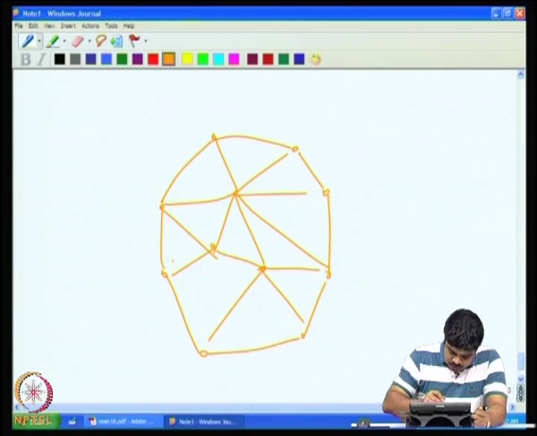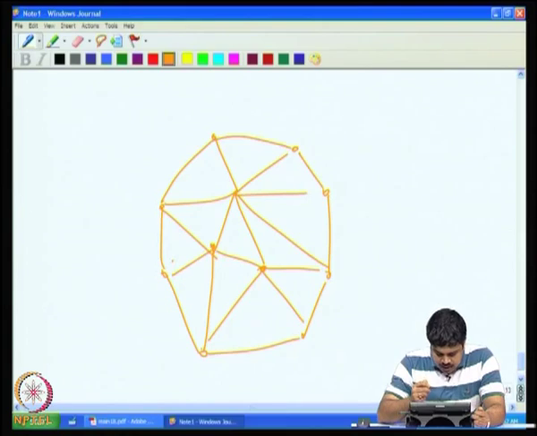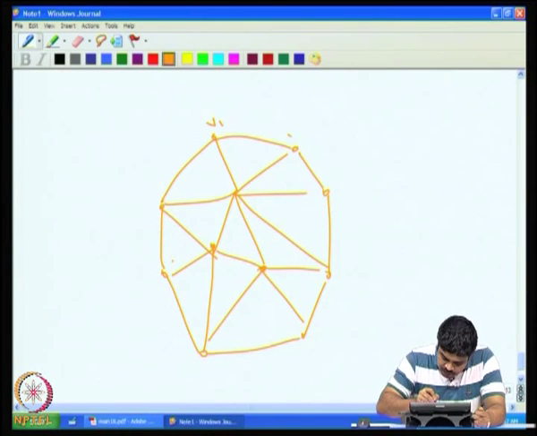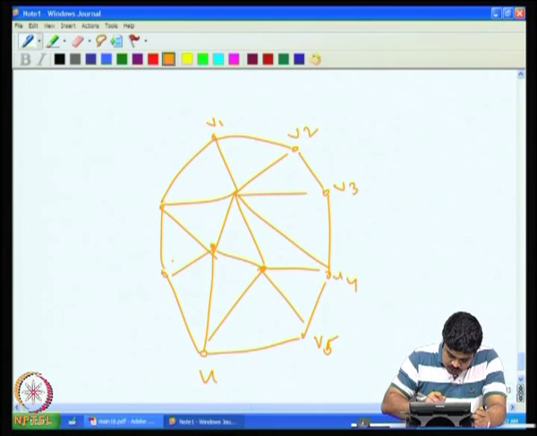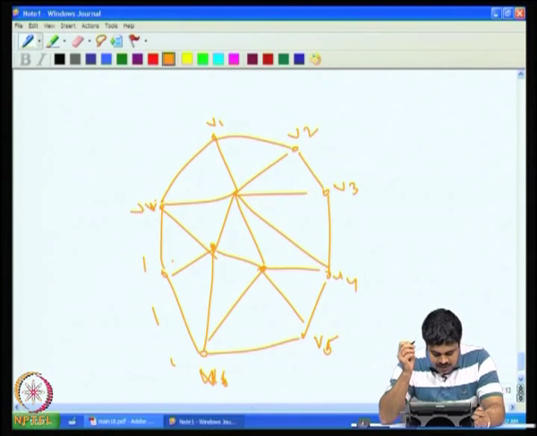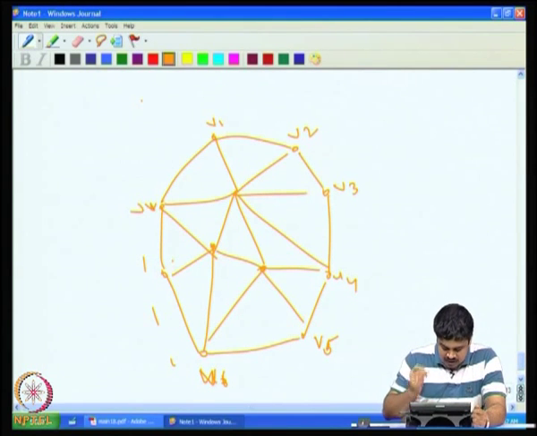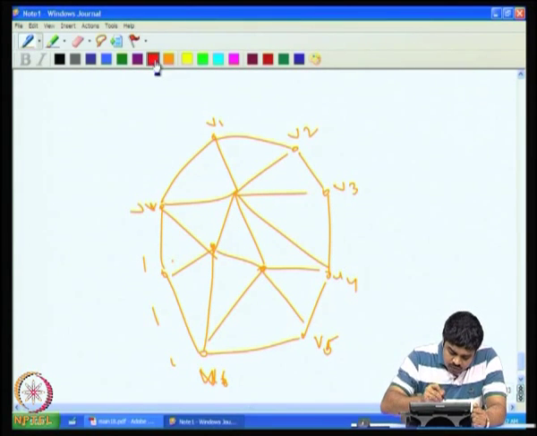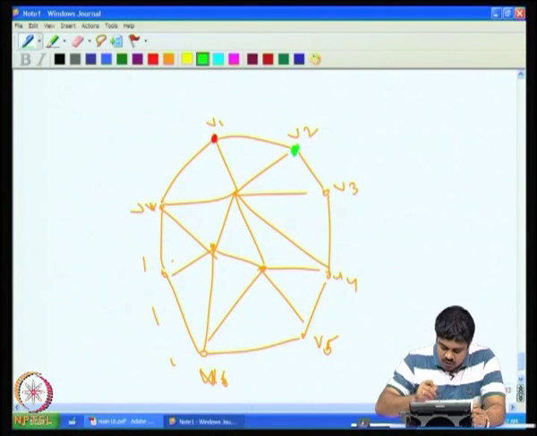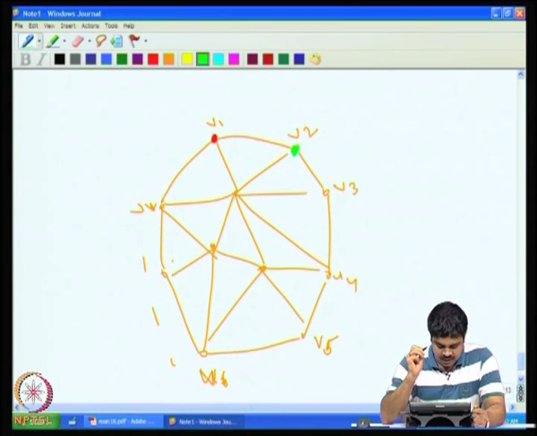This can be numbered V1, V2, V3, V4, V5, V6 and so on to Vk. The inner faces are triangles, the outer face only is a k-length cycle, and now we also assume that this is colored, this is also colored. These two colors are already known to us, right.